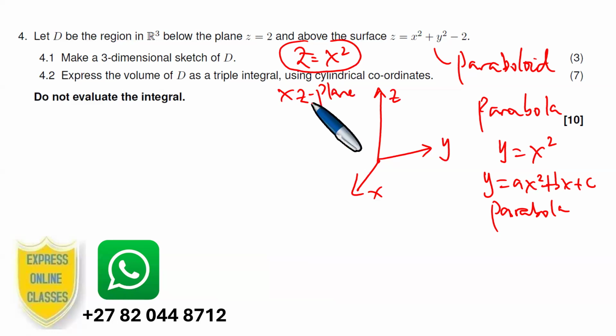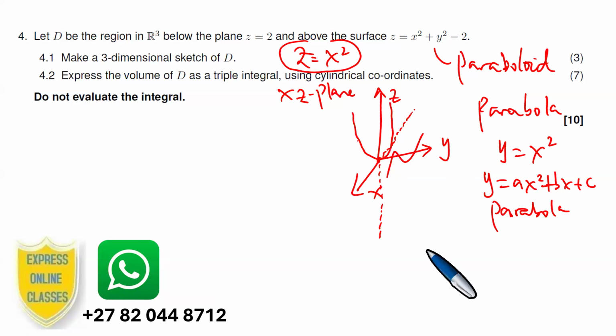In the xz plane, you remove y, and then you are left with these. You can extend z like this, and x like this. Your z equals x squared means z is going to be positive. So this is the kind of graph, the parabola in the xz plane.